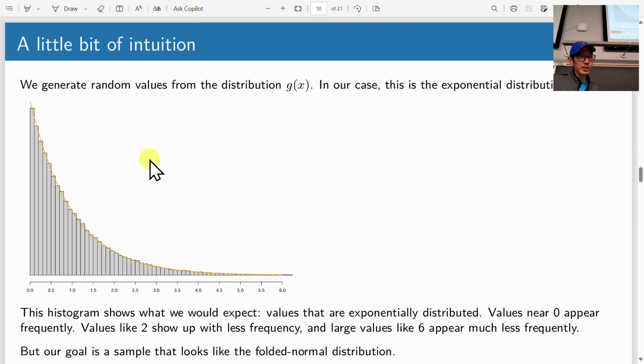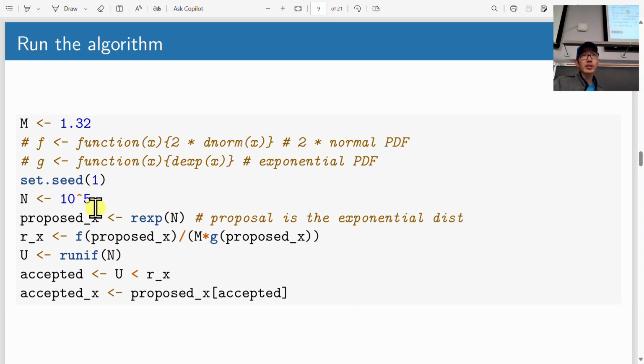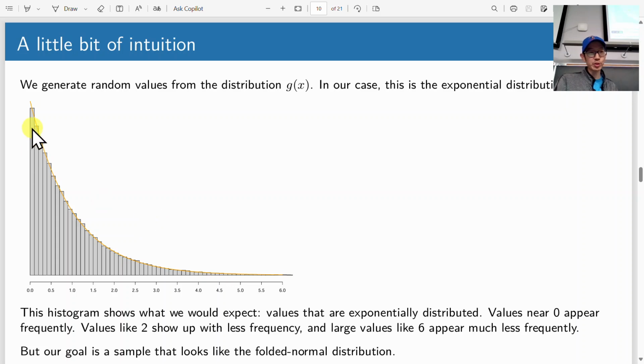If you take a look at some of the details here, this is a histogram. I generated 100,000 values, okay? And if I create a histogram of the proposed x values, which are coming from the exponential distribution, because we're generating from the exponential distribution, the resulting histogram looks very much like the exponential distribution.